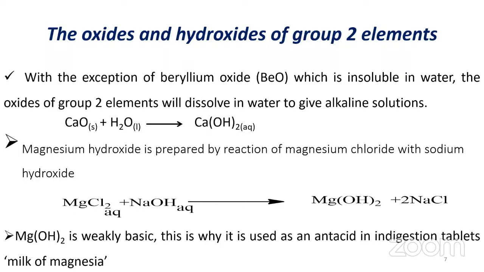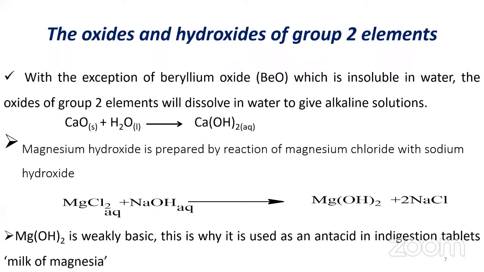But for your magnesium, the hydroxide is not prepared by a reaction of your magnesium oxide with water, because your magnesium oxide is not very soluble in water. Your magnesium also, like your beryllium, has this thin covering around it. So your magnesium hydroxide is usually prepared by your magnesium chloride with sodium hydroxide.